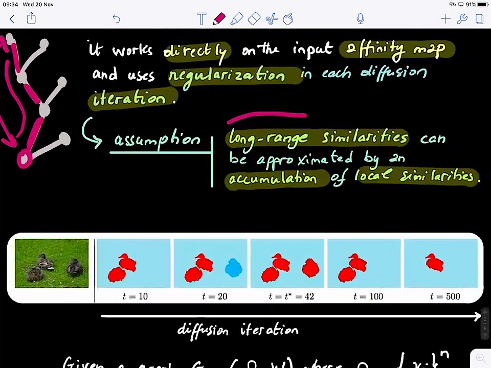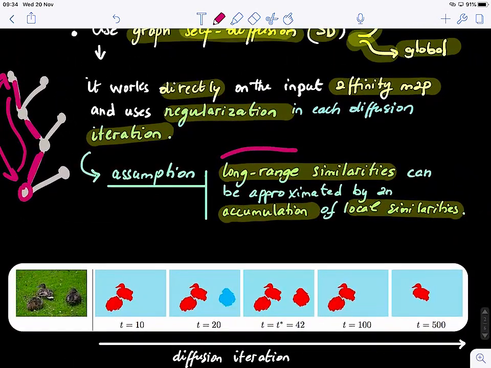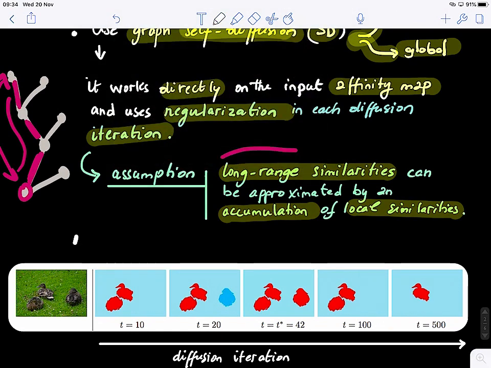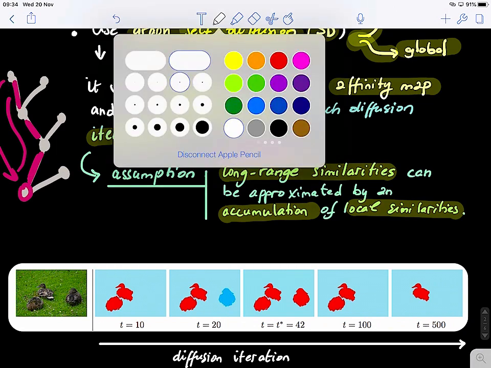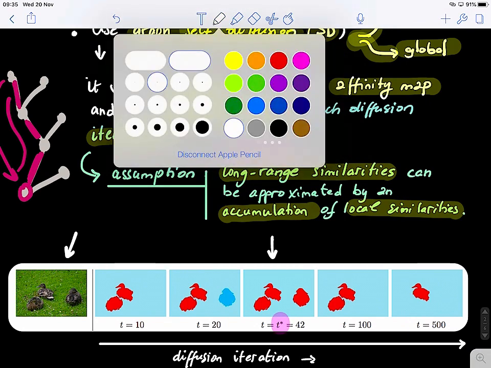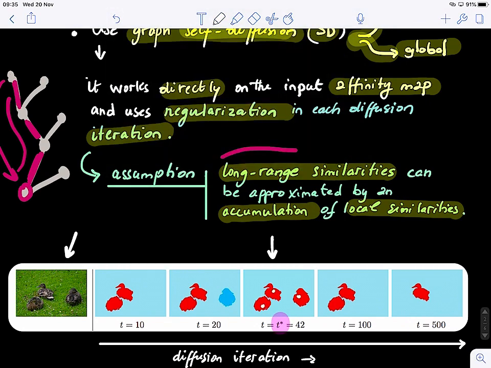And here, look at this example. What they're doing is using their diffusion-based model. This is the input image, and they want to segment these different objects, these ducks right there. You can see that as the diffusion iteration increases, at some point we reach a threshold T star where you have a very good segmentation of the three objects and also the background.